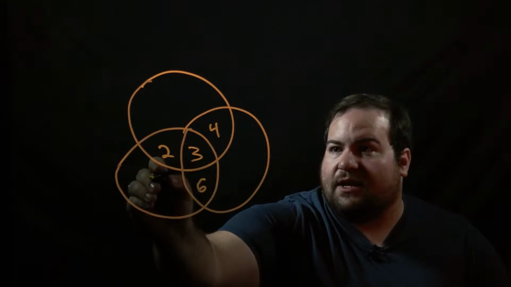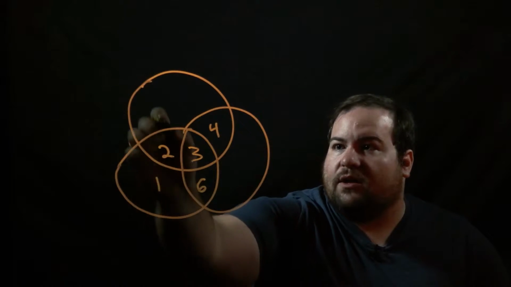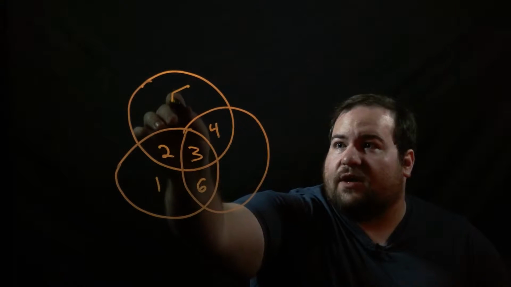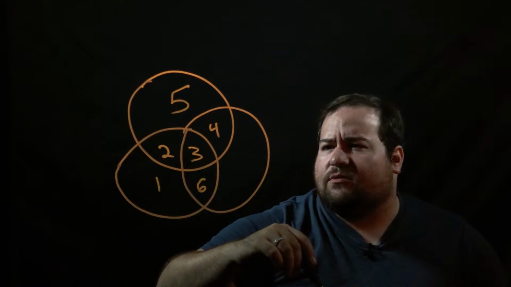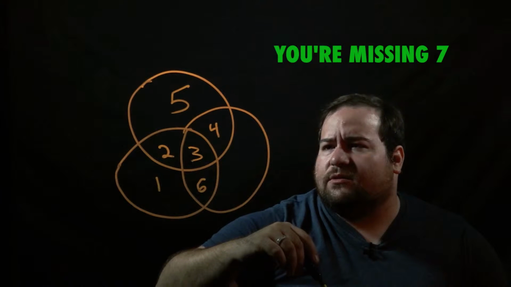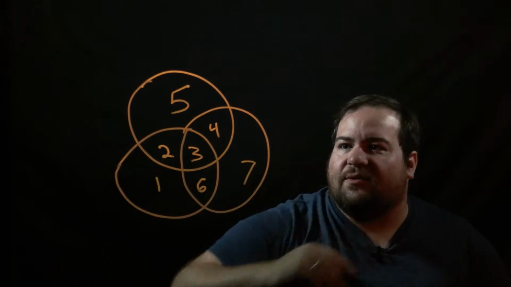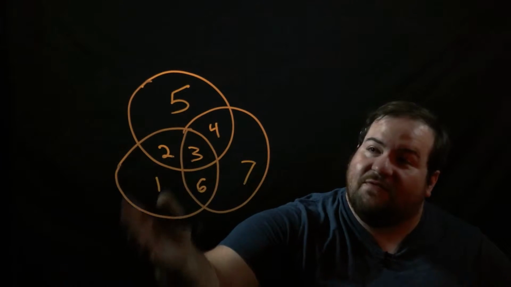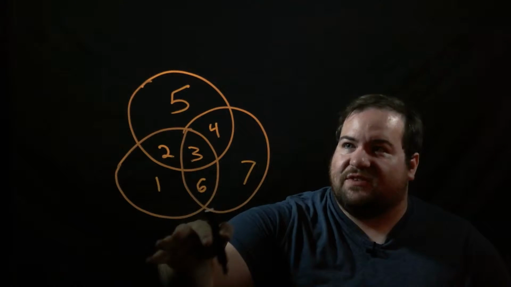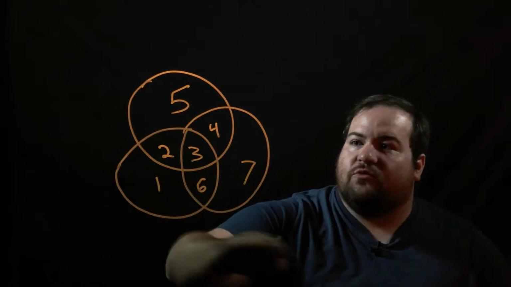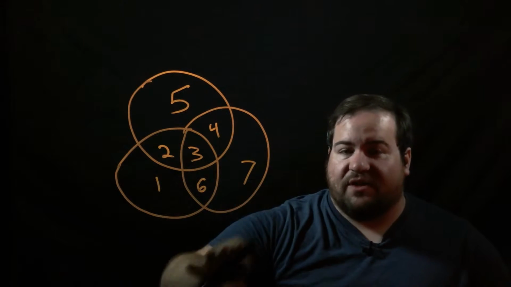And then finally, 1, 5, and, what am I missing? I'm missing 7, aren't I? Yep, there we go. And then 1, 5, and 7 represent the areas where there is no overlap whatsoever.